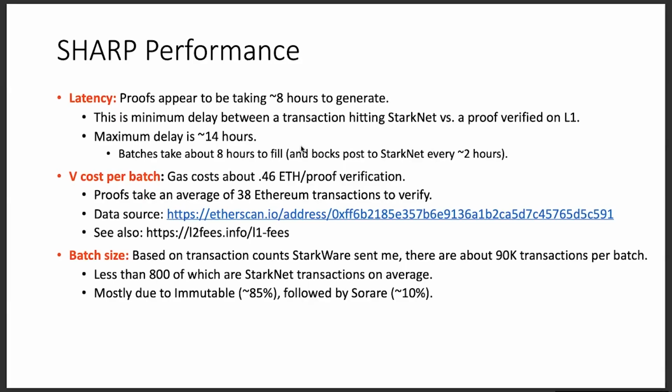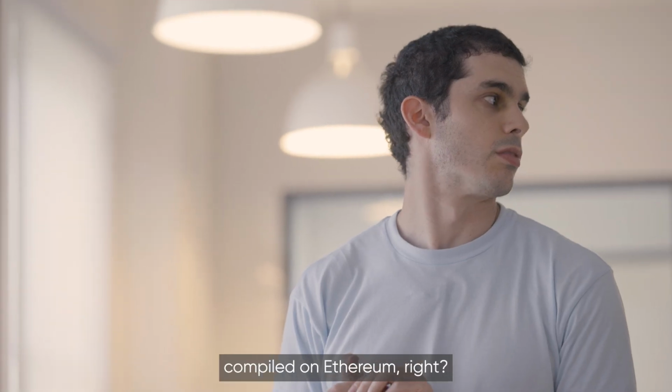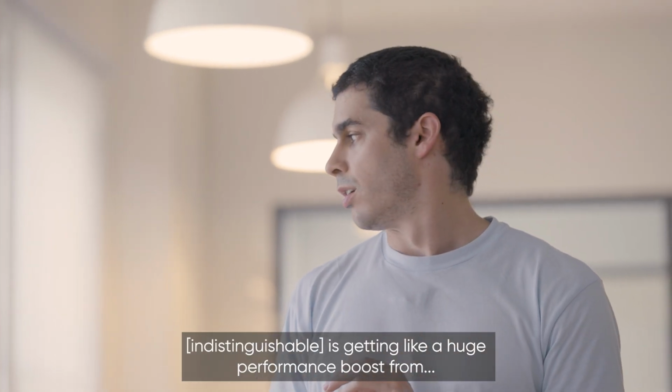But what the verifier does to check the proof is different. It's a bunch of hash evaluations instead of a bunch of elliptic curve operations. So I can't say that the gas costs are exactly proportional to the proof size. It's also somewhat an artifact of what's precompiled on Ethereum, right? Because Plonk's getting a huge performance boost from BN256.